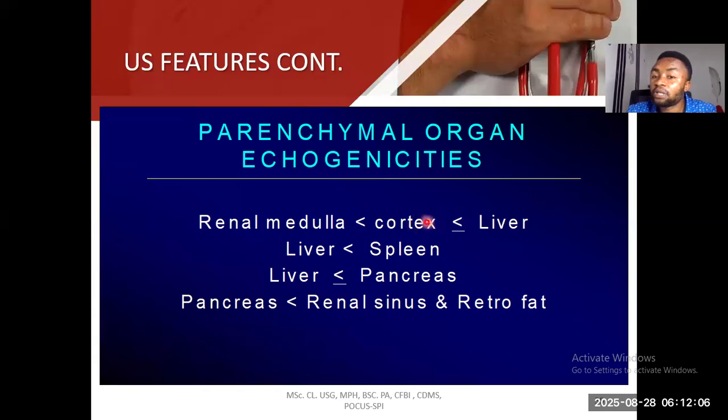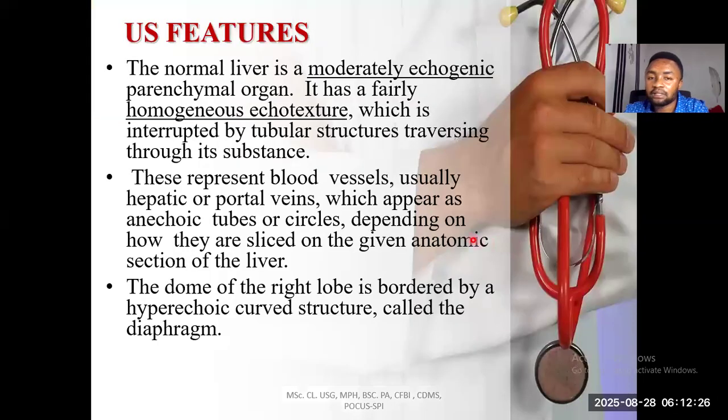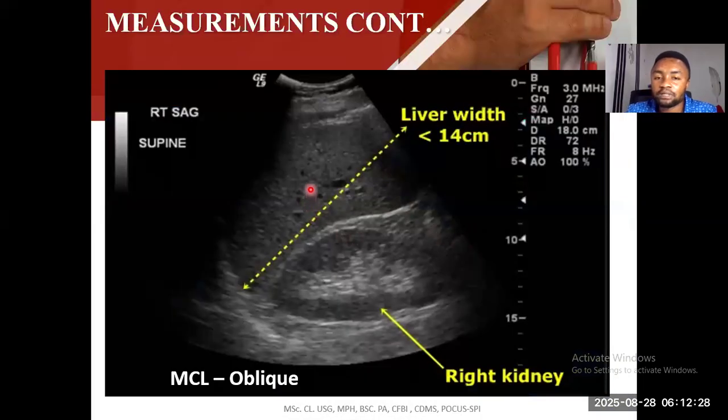Then when you compare the cortex to the liver, you know that the cortex is also less than or equal to the liver. Either the echogenicities are the same, which is why we say less than or equal, or the cortex is a bit darker and the liver is a bit whiter. That's why I showed you that if you check the liver very well, it's a bit whiter than this place.